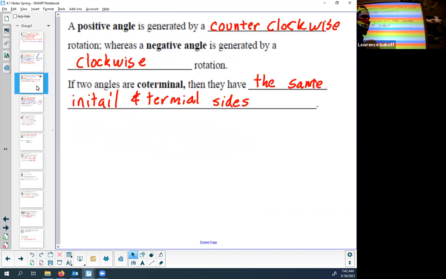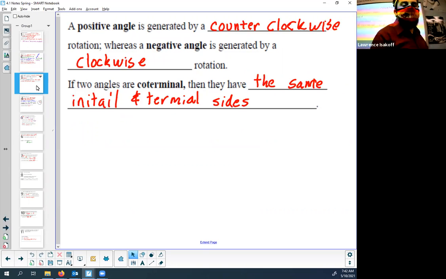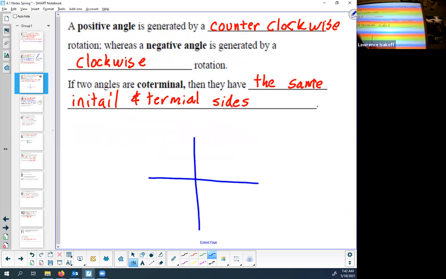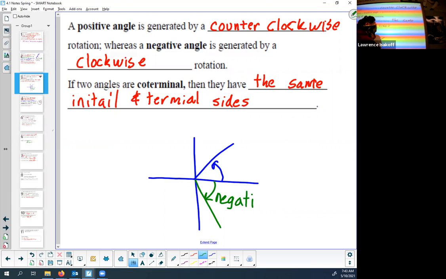So positive angles move in a counterclockwise way. So when I talk about angles, if I have my plane here, this angle, that's a positive angle. Down here in green, if I go this way and move like this, that one would be a negative angle as I'm moving in a clockwise manner.